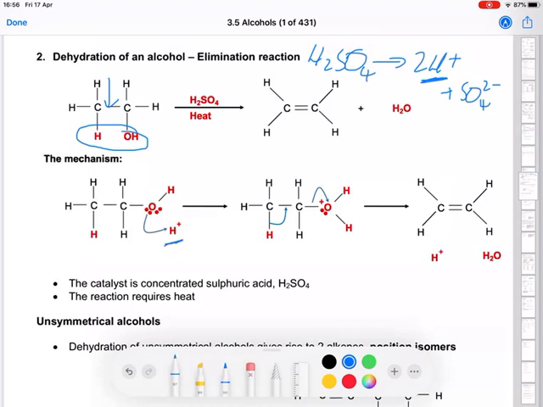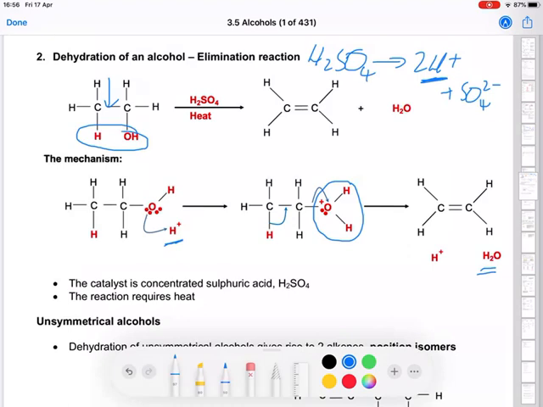The hydrogen ion can accept a pair of electrons, and the oxygen has a pair to donate. So there's our first curly arrow there. At this point, we've got to eliminate water, and I hope you can see that this is the water that's got to be eliminated, and it's already lost one of its lone pairs, so the curly arrow is going to go back onto that oxygen to give you the water that we've got over here.